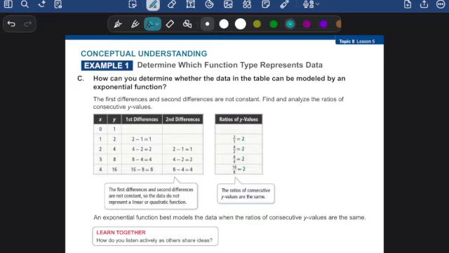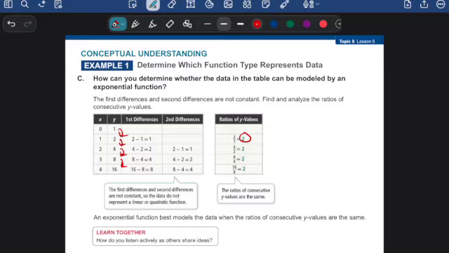So what if neither the first difference or the second difference are constant? Well, then we're going to look for the common ratios. That's where you're going to look for what do you multiply by to get to the next value. So then you're just checking what do you multiply by to get to the next y value. And that's how we're checking our exponential functions. So you're looking for your multiplier, your factor. You can take your second y value, divide the previous y value, and you'll get the ratio.